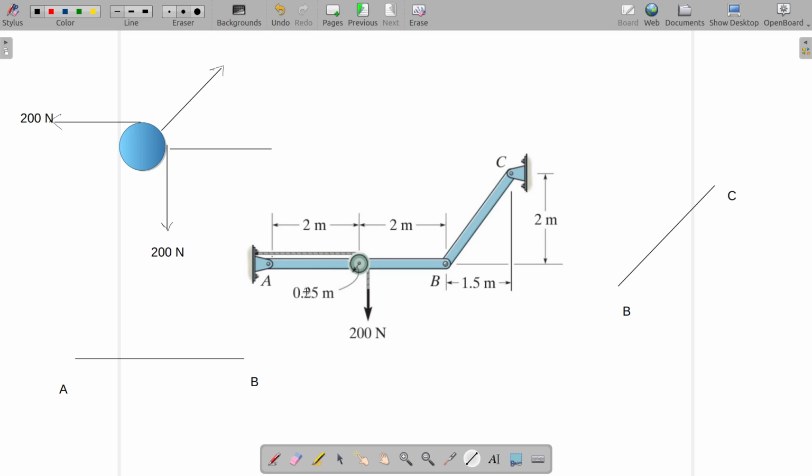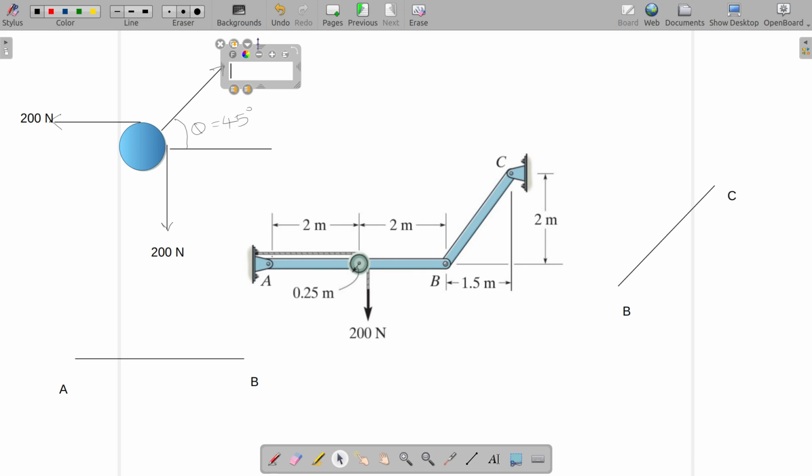But if you like to do it procedurally, you can calculate this theta and this magnitude using the standard procedures. But the fact that this is 45 is quite obvious, because both are 200, and the resultant of the forces must make 45 degrees with the horizontal.